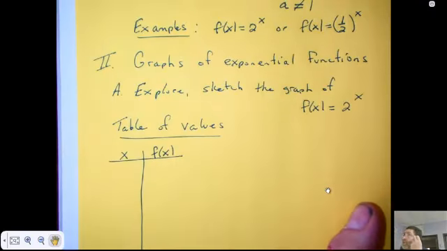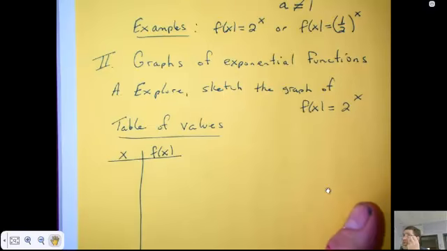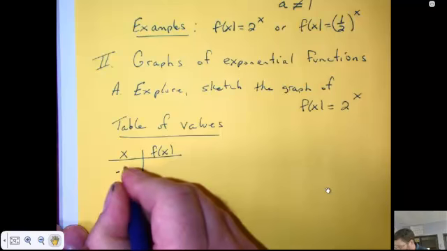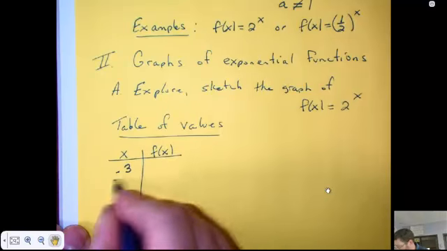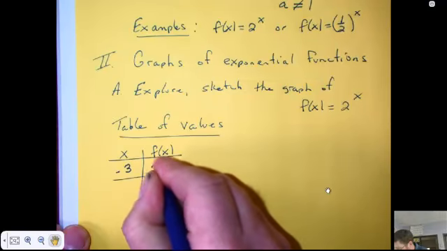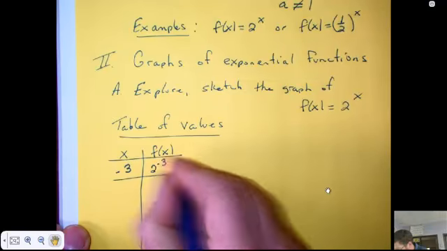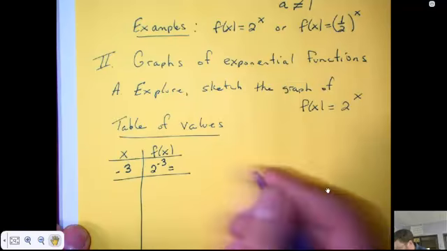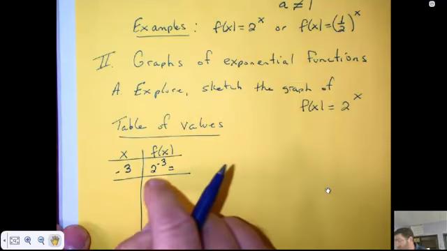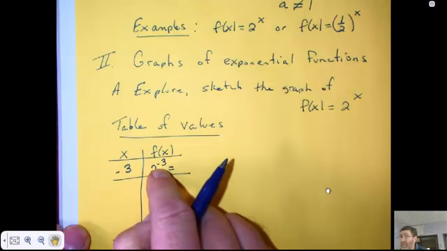When we plot these points, we're looking for a pattern. So let's start at, let's say, -3. f of x would be 2 to the -3 power. What's that going to equal? First off, to make the exponent positive, it goes to the bottom.